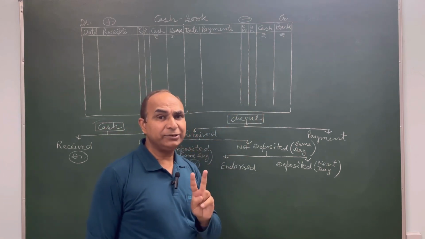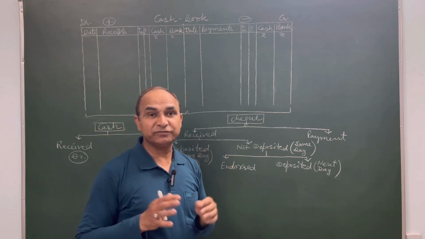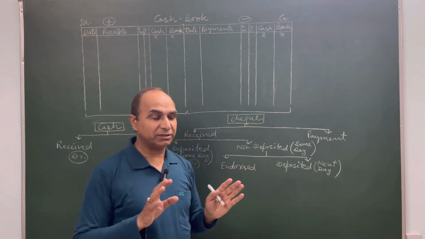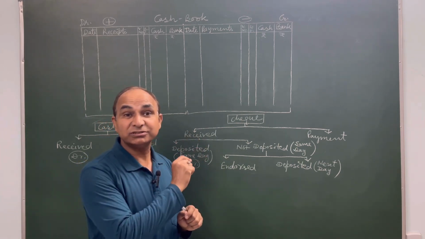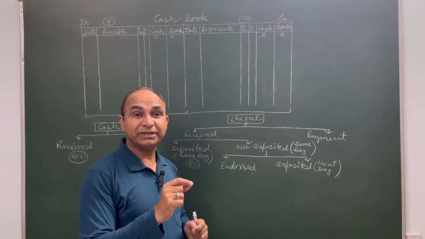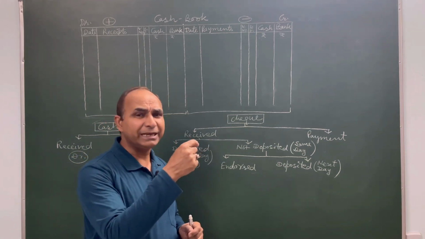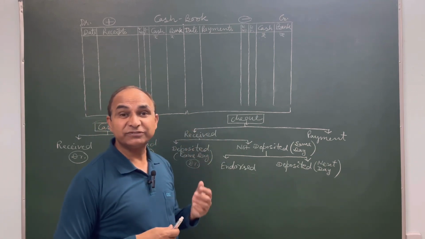I would like to tell you about two columns on each side: voucher number and ledger folio. What is a voucher number? Voucher number is the document on which the transaction is recorded, and that transaction is verified by the accountant and his boss, say the manager. Then it becomes a valid transaction. What is ledger folio?